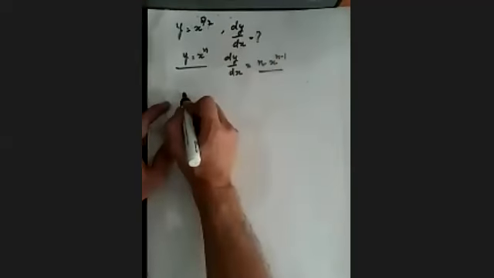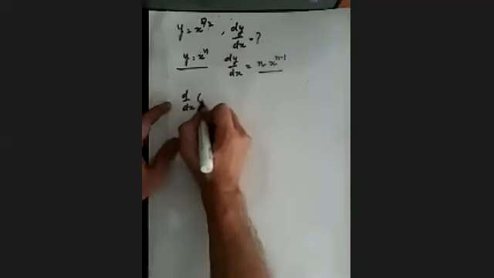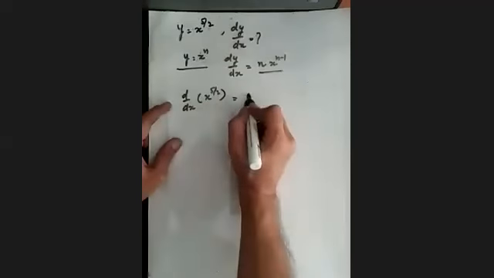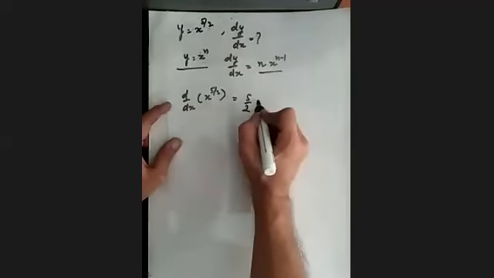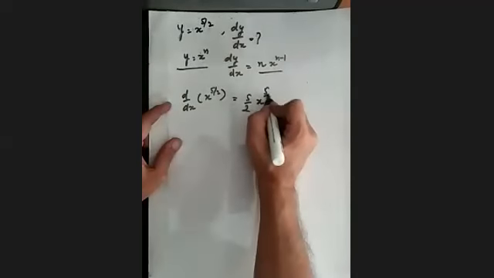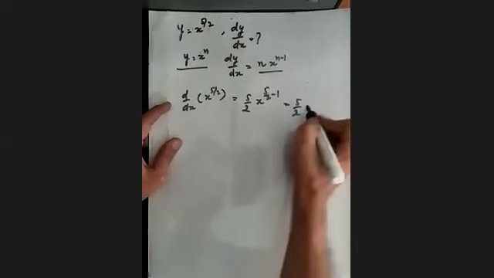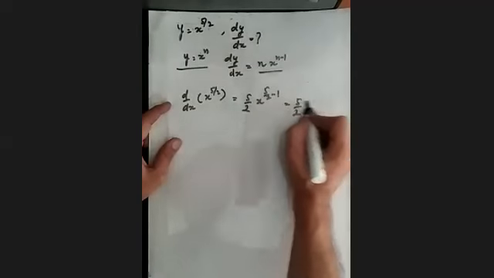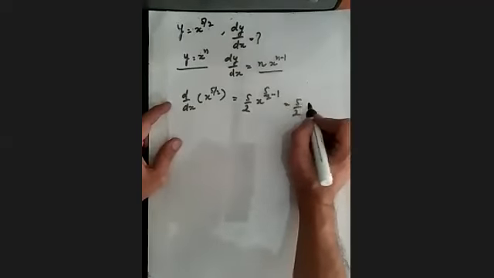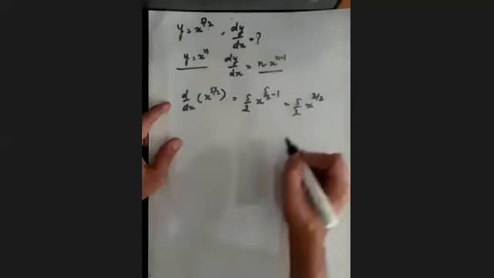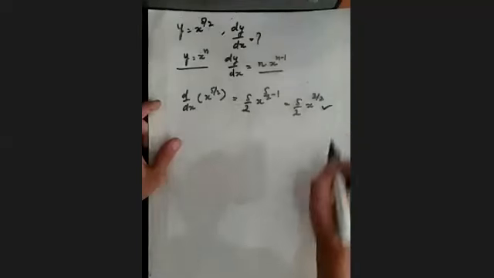So like this we are going to solve. So d/dx of x to the power 5 by 2 is 5 by 2, and outside x to the power 5 by 2 minus 1. So 5 by 2, and result for this will be x to the power 3 by 2. So that is the answer.